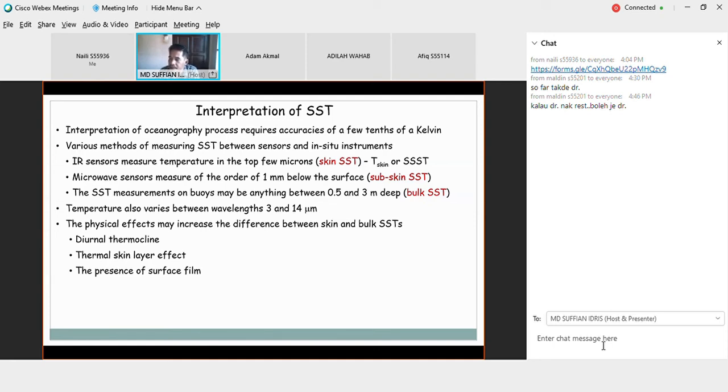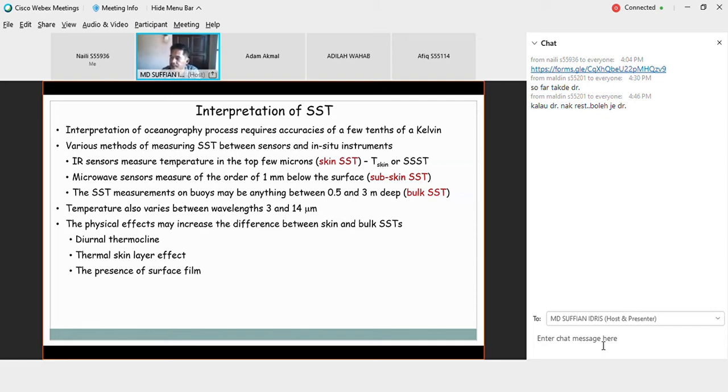So you got the whole skin layer effect, and there is also heat flux, heat transfer at the surface pada waktu siang. Udara lebih panas, jadi ada heat transfer. Waktu malam, suhu air lebih panas daripada udara, so dia akan transfer heat di surface air.